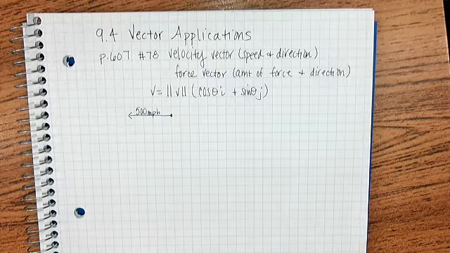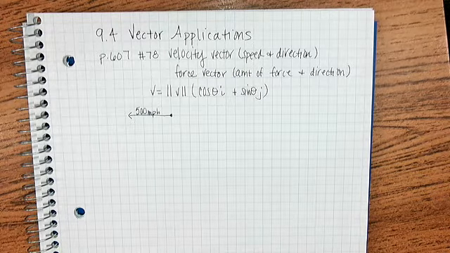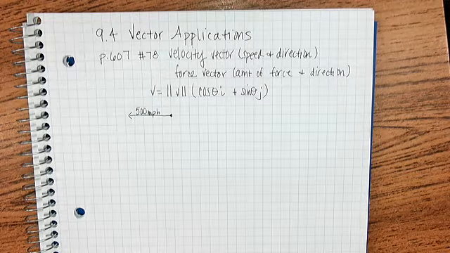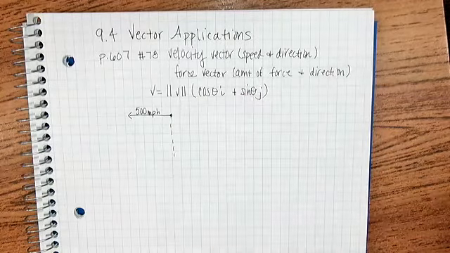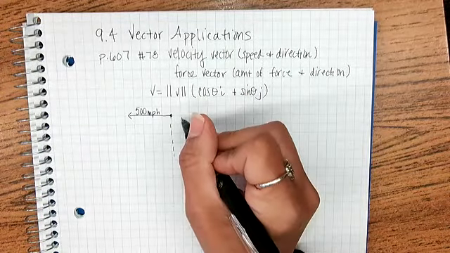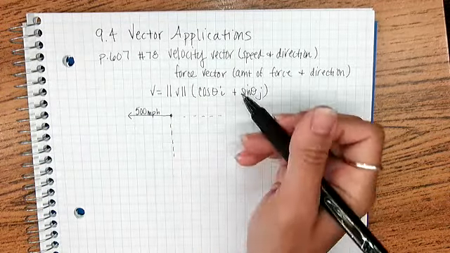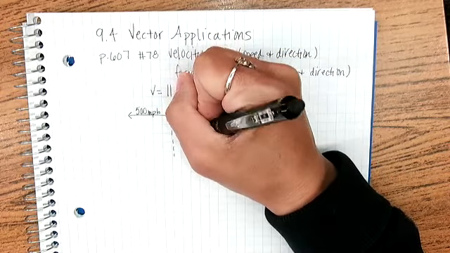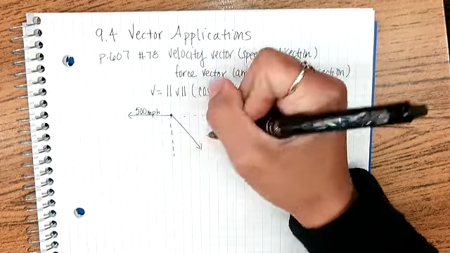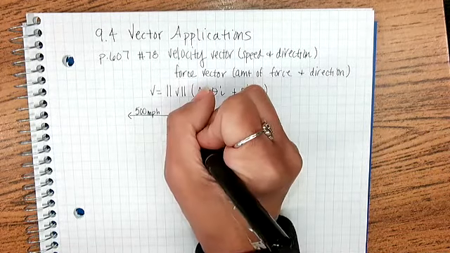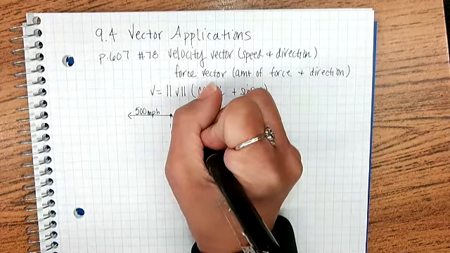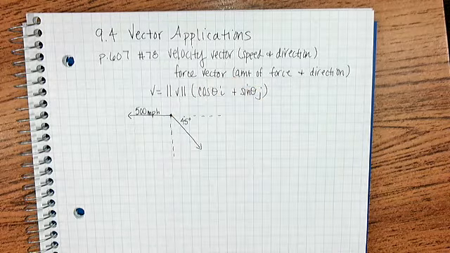Okay, and then the jet stream is 100 miles per hour in the southeasterly direction. Okay, so here's south. Easterly is here. So southeasterly is going to be as such. And we are indeed going to assume that this is a 45-degree angle. Definitely you're going to make that assumption.